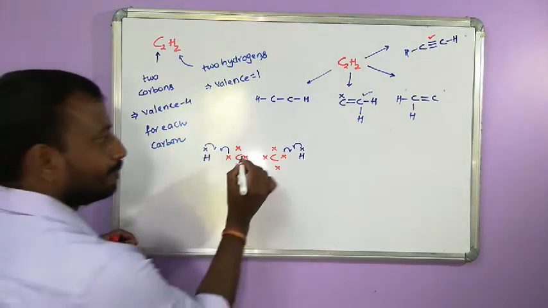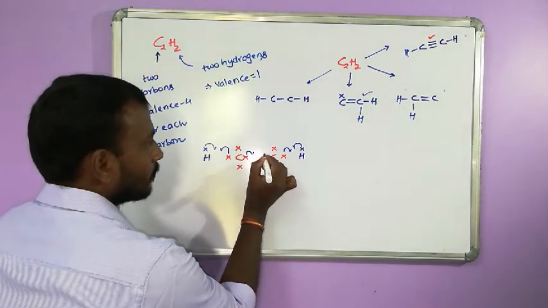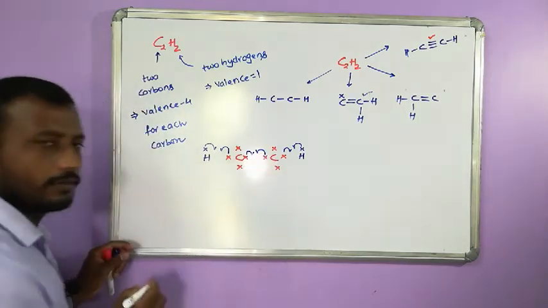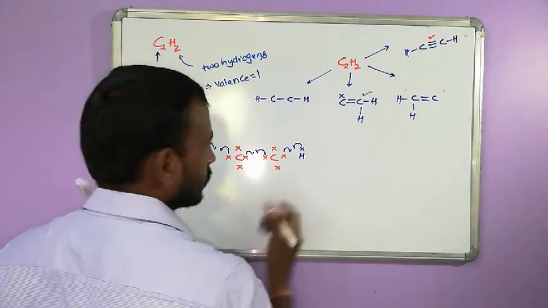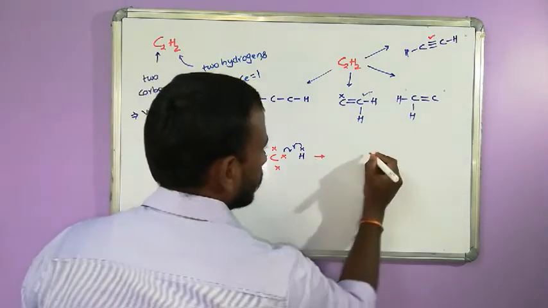Then these two carbons are going to share one electron each. If they share one electron each, what is happening here?